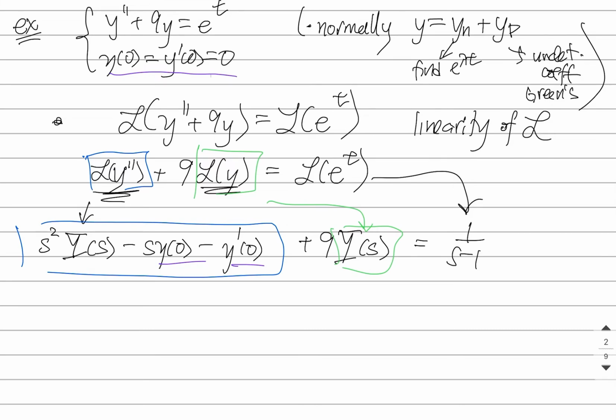Here the initial conditions are just 0, so this term will be 0 and this term will be 0. But if there are no initial conditions given, you set these to C1 and C2, and that way you can even get general solutions when you use the Laplace transform.